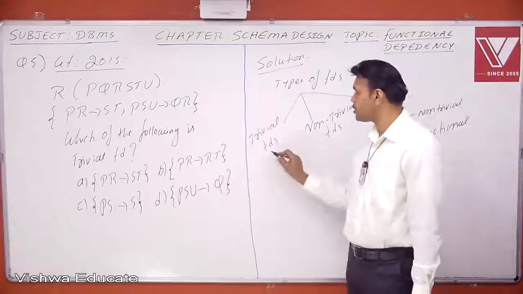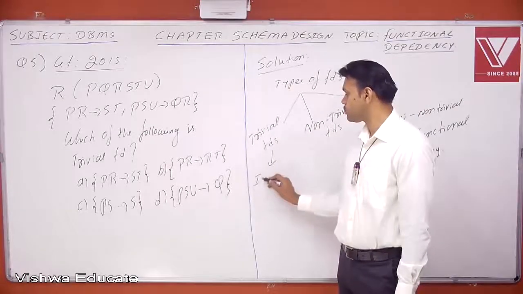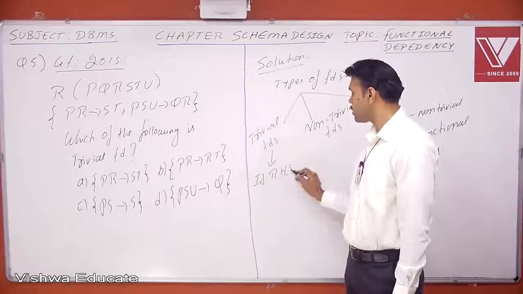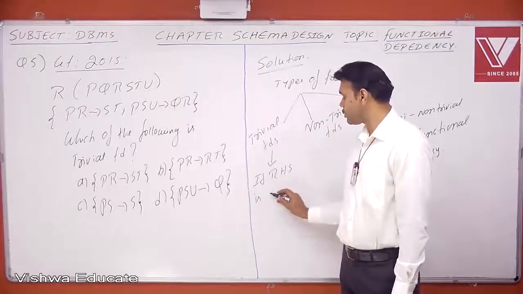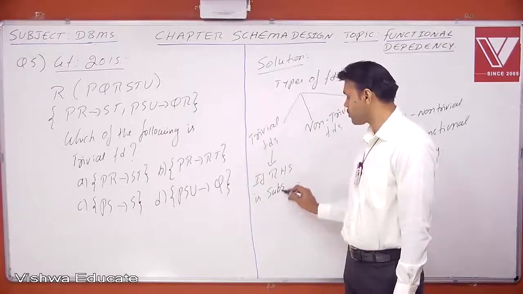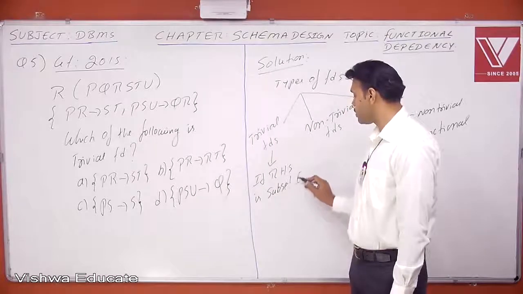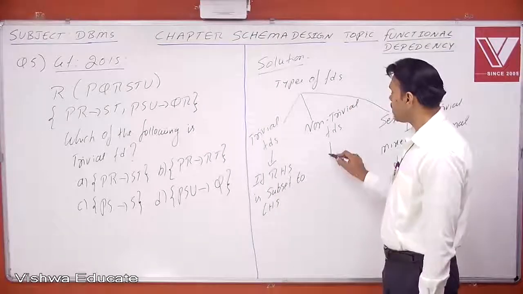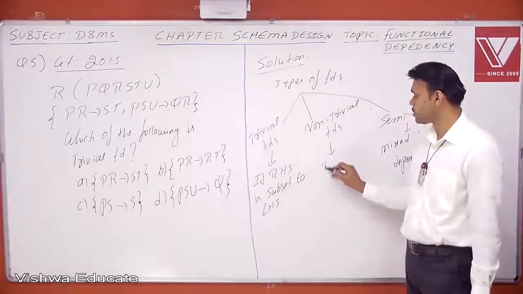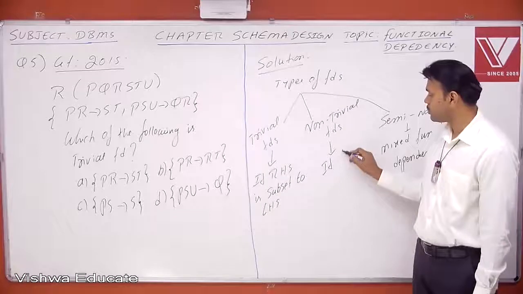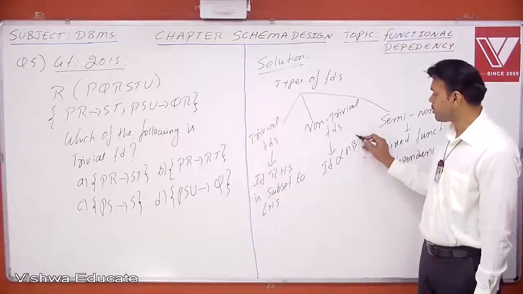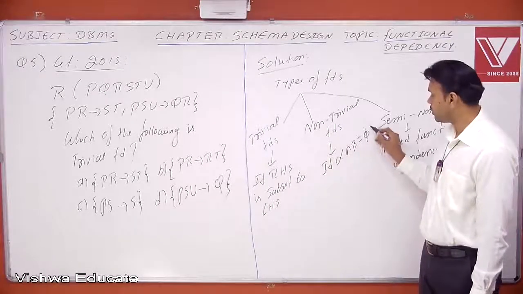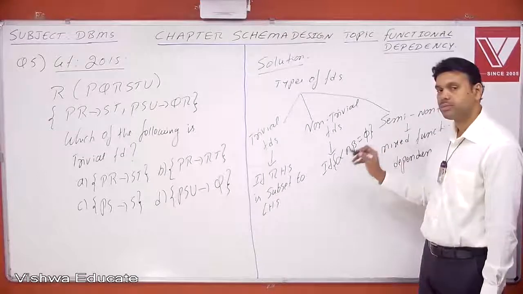Okay, we know the meaning of trivial: if RHS is a subset of LHS. And non-trivial functional dependency is if alpha intersection beta is equal to phi.